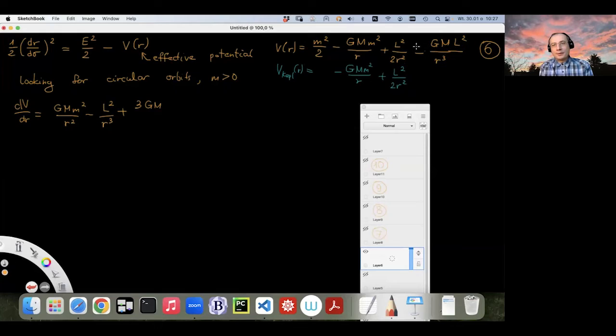Okay, so differentiating this, we get -3L squared to the power of 4, which we can write as one over R to the power of 4 times GM m squared R squared minus L squared R plus 3GM L squared.